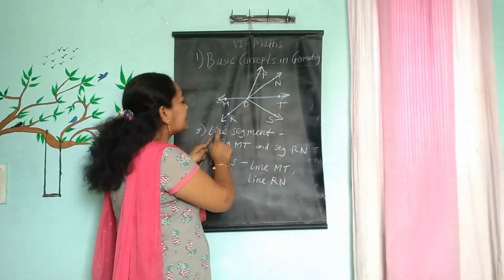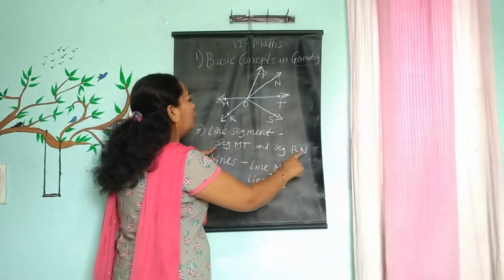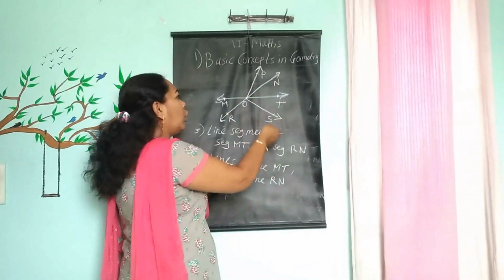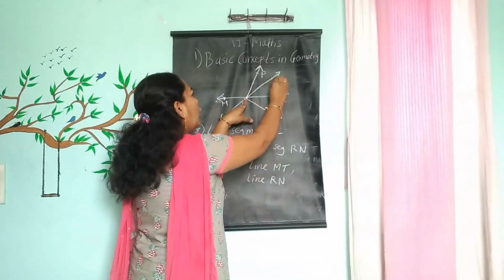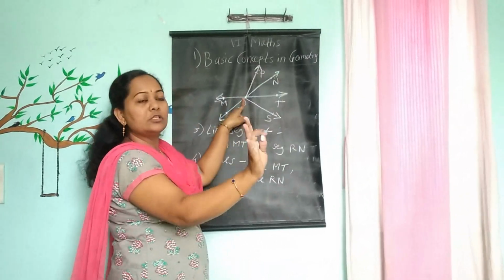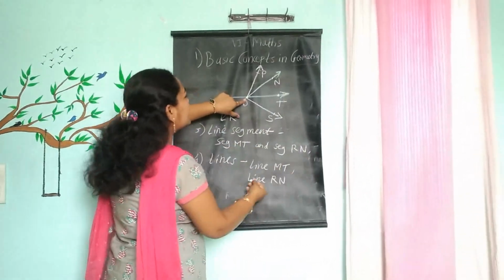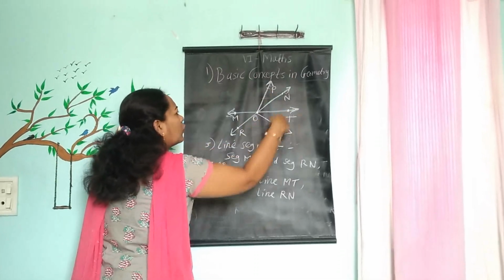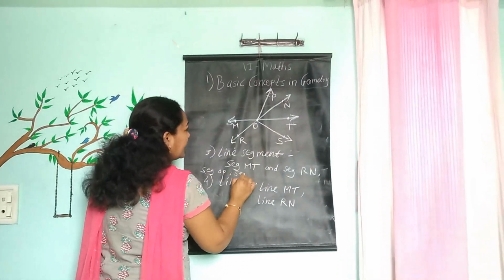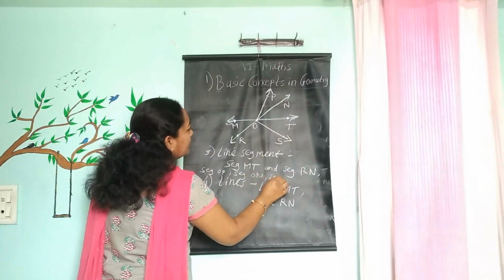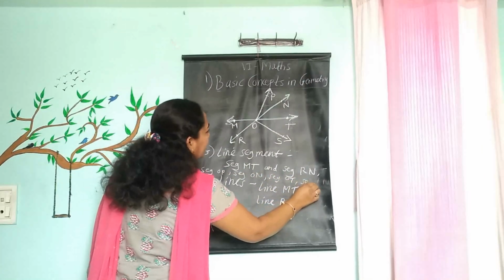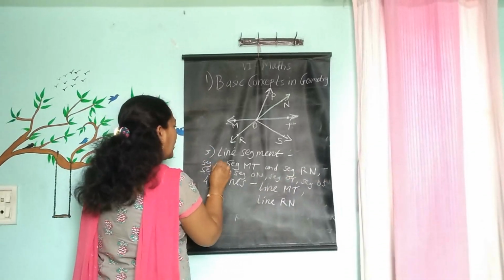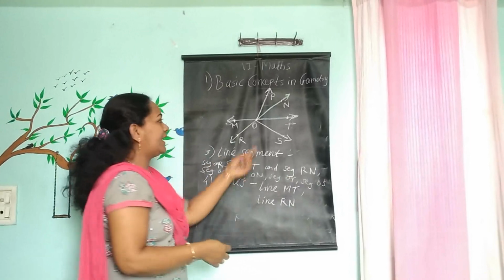Question number 3, they ask for line segments. As I wrote full segments MT and RN, as well, from origin O, if you count O to P, O to N, these are also segments. So you mention those segments also, and before that you write seg OP, again going clockwise: seg OP, seg ON, seg OT, seg OS, seg OR, seg OM.